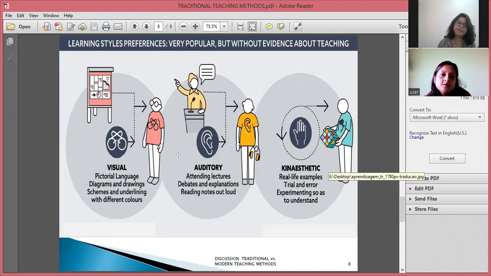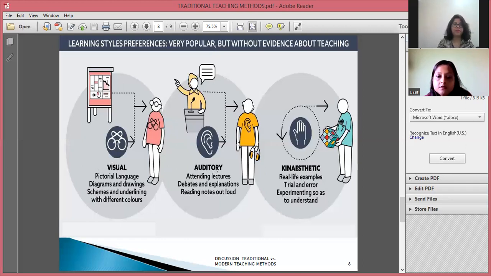In this picture, we show pictorial language, diagrams, drawing schemes, and underlining with different colors. As a teacher, we use different chalk and underline them so students see them. So that is the visual part.